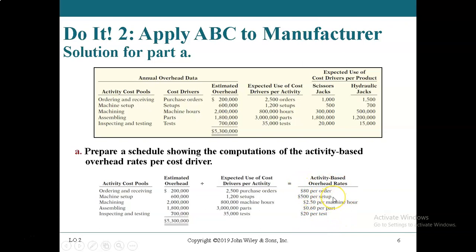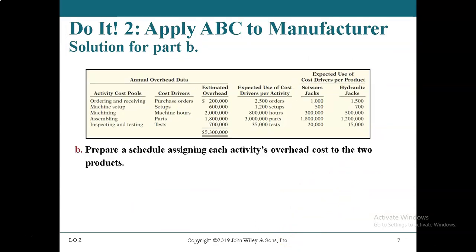It's $500 per setup. What's the cheapest activity? In this case, it's assembly because it's 60 cents per part. Remember the rates that we figured out. That's super important because in the next step, we're going to be assigning everything.